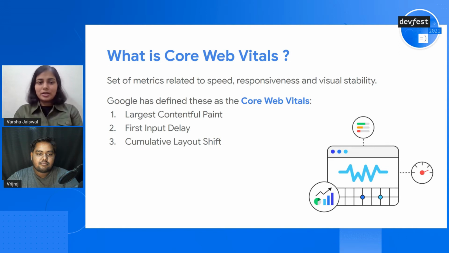And the first one under this is LCP, which stands for largest contentful paint. What it means is how much time the website takes to load the last data on your website, right? So it's more about your loading performance, how fast your website is.